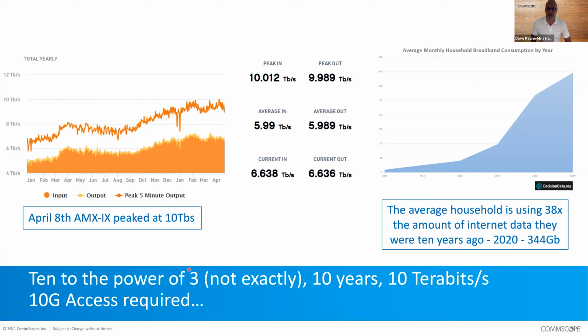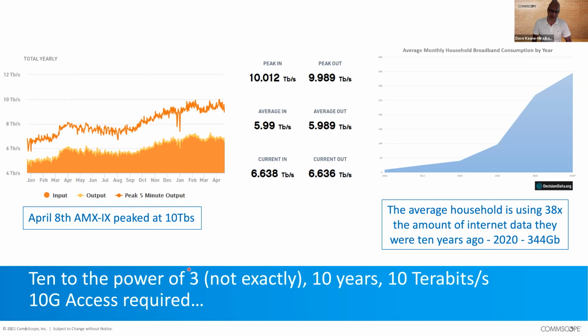The other graphic on the right is the usage of how we're consuming it in the home. I don't consider my home a typical usage, but my consumption is way over 200, 250 gig per month. Where it goes, I have no clue, but the average household is consuming 38 times the bandwidth that we were only 10 years ago.